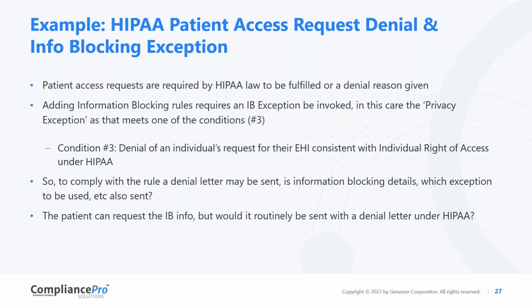Yeah, so what Rita's saying is you already have to do certain things if you're denying access under a patient access rule. There are certain denials that may have to be issued and things like that. You would just also have to say, well, we also invoked an information blocking exception, could be privacy or harm, any of them, but privacy is particularly useful for this because condition 3 is denial of an individual's request for EHI consistent with the individual right of access under HIPAA.